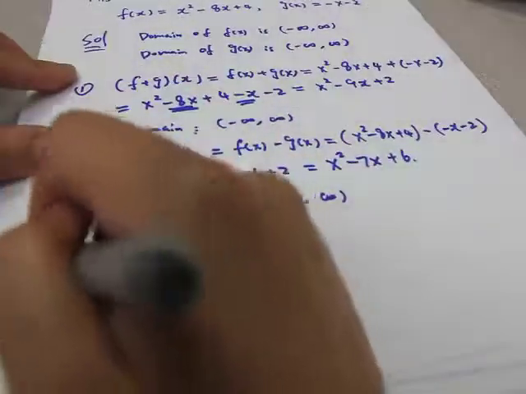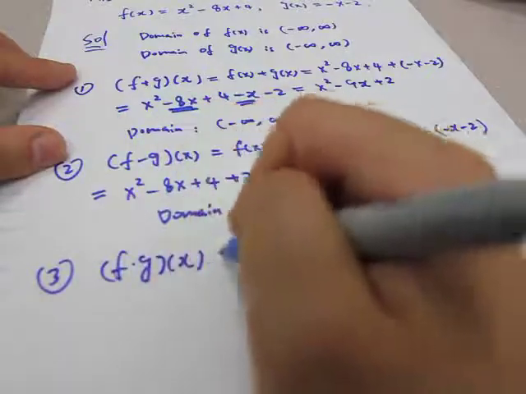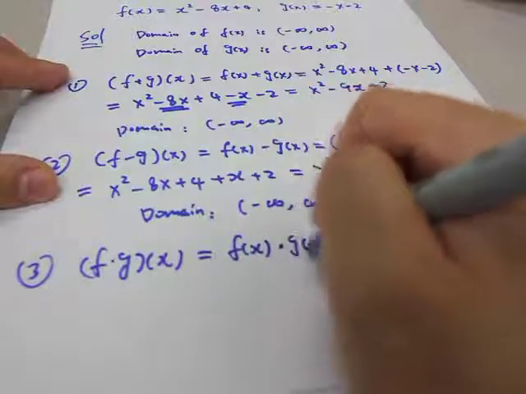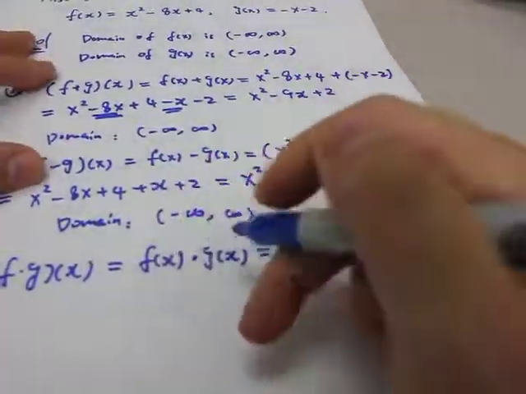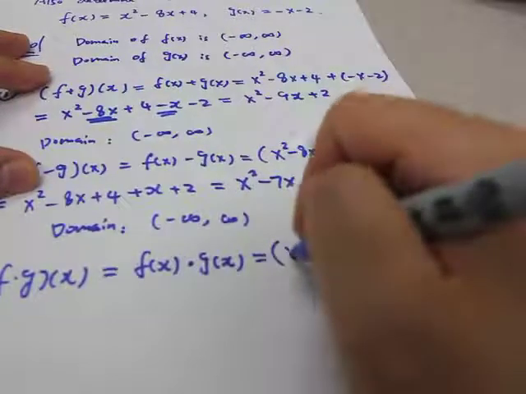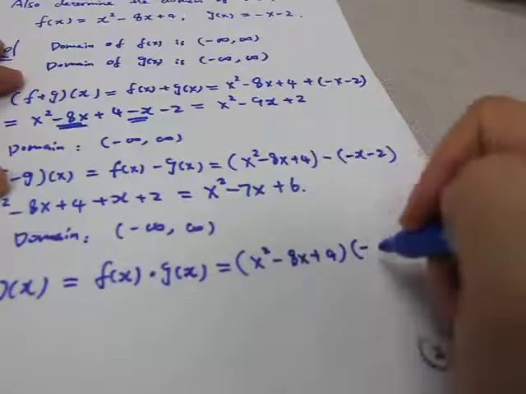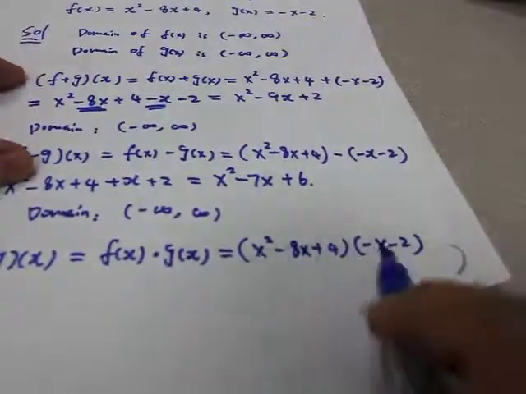Okay. So next, I'm looking for the product function, which is equal to f(x) times g(x). So to find the product function in this example, what we need to do is to multiply these two polynomials.